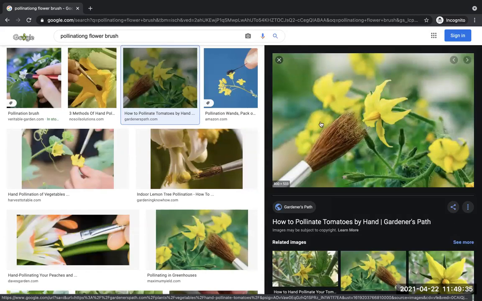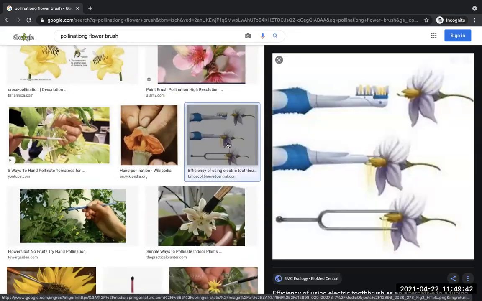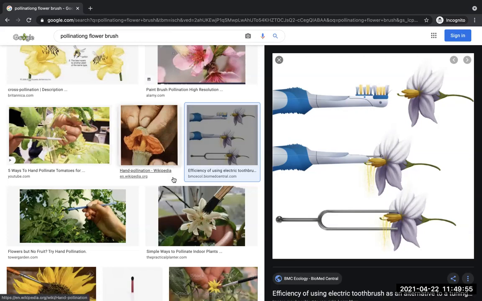So you can do the pollination, hand pollination using a pollination brush. They also use the electric toothbrush now. The vibrations are mimicking the bee, and they pick up pollen from the tomato plants and then pollinate like that.